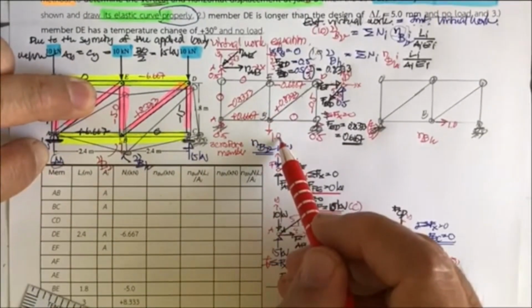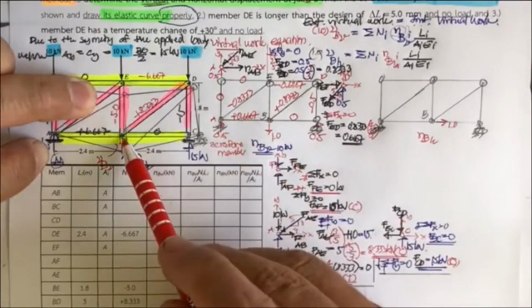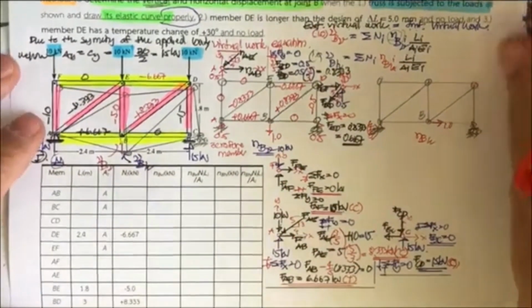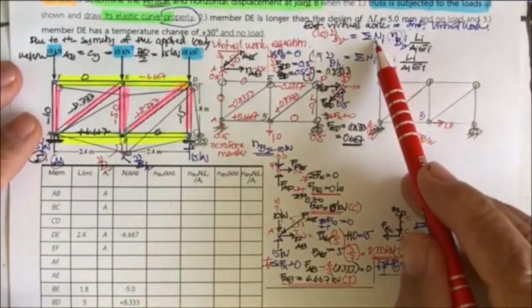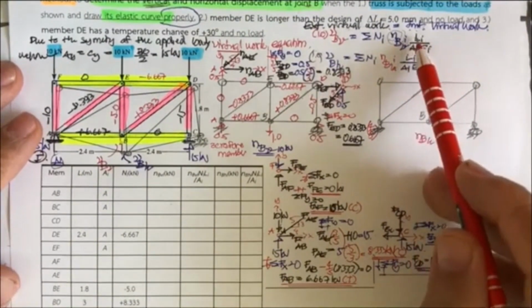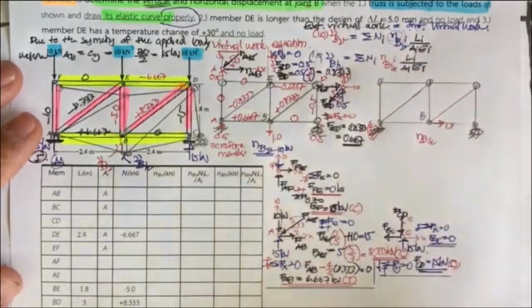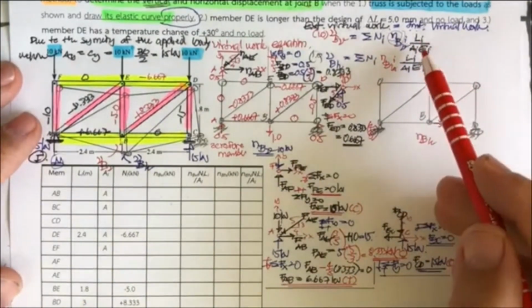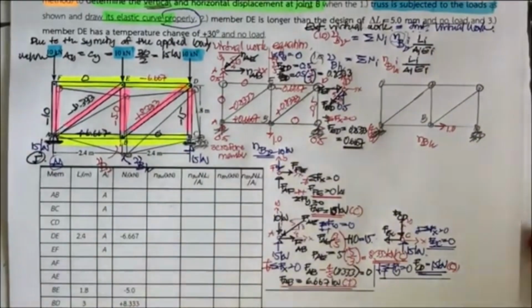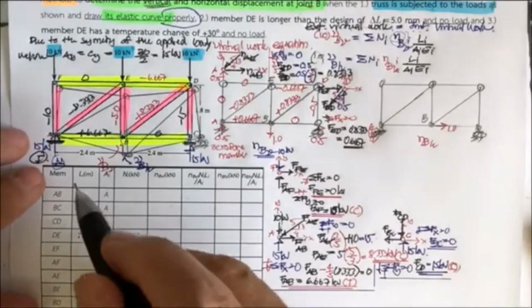Now we have finished determining the normal force in this truss due to the 1 unit force at B in the vertical direction. Let's not use this equation now. We're going to determine the dimensions of the members of the truss. Let's see what we have. The length of AB is 2.4.